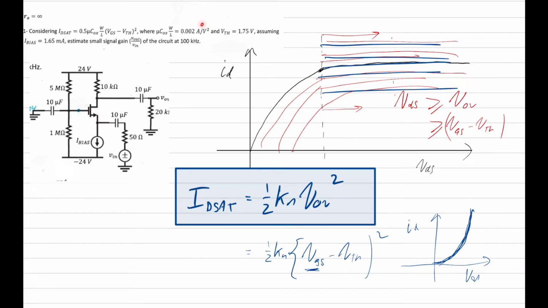So again, this is Kn that we're given, and the threshold voltage is 1.75 volts. Assuming I bias is 1.65 milliamps, estimate the small signal gain V out on Vn of the circuit at 100 kilohertz. So there's quite a lot of information there. Let's try and break this down.